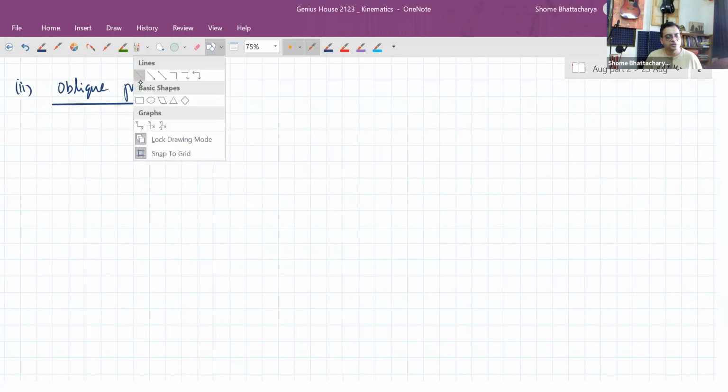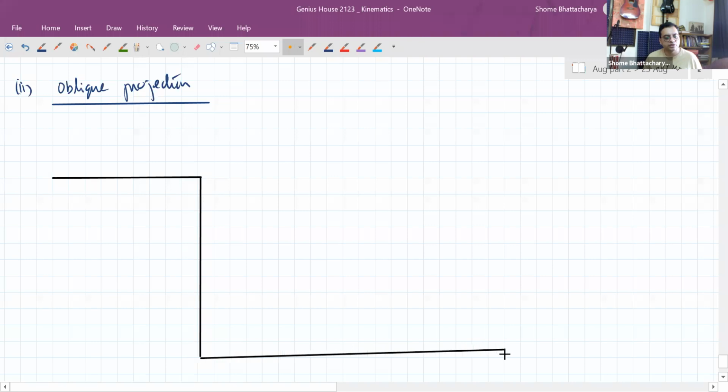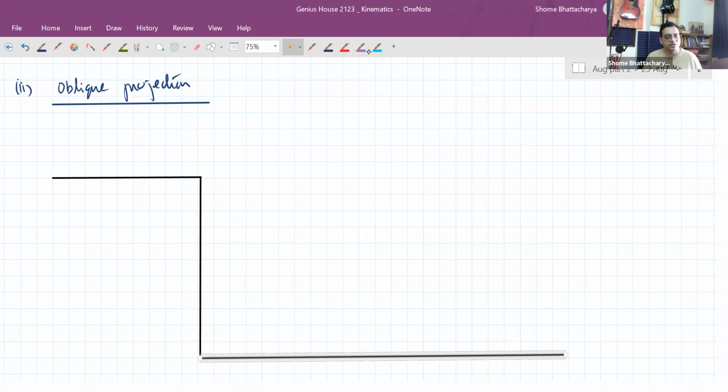So this time oblique projection can be such that you are giving it an initial vertical component which is positive, or you could even be throwing it downward at an angle so that it has a vertical component that is actually vertically downwards. Both situations are possible, but both will be solved by more or less the same method. Just your choice of y-axis might differ a little bit. So I'll start with the example where it is like this.